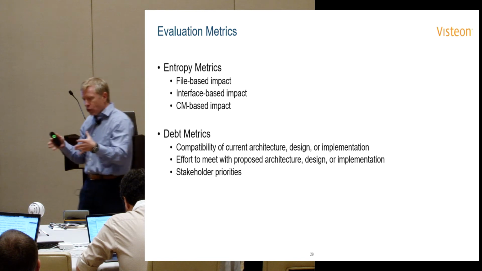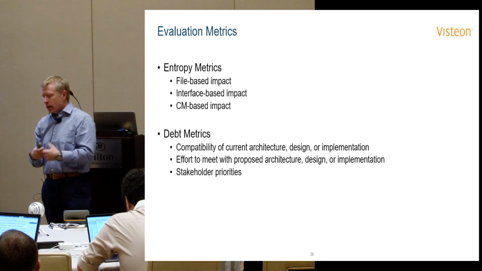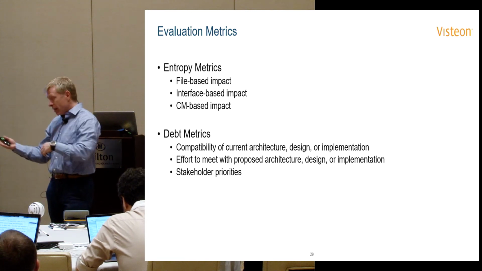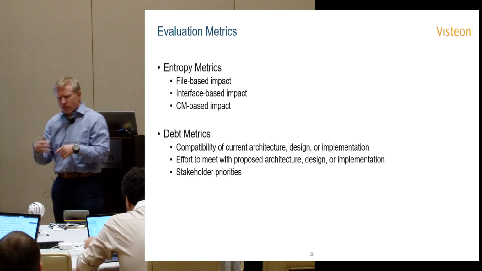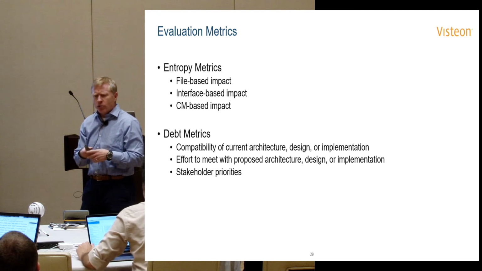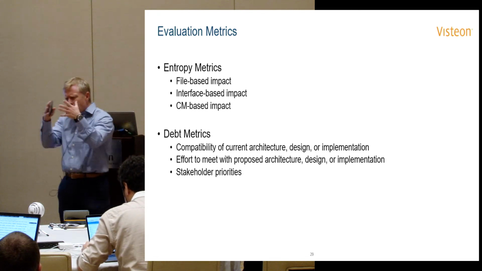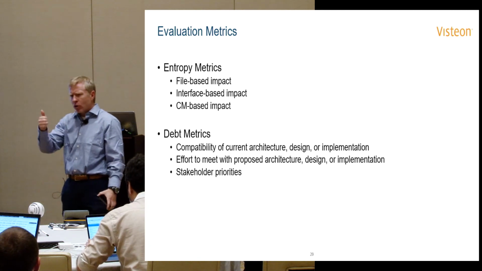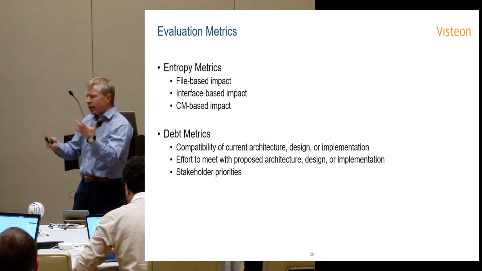What it would take to modify our designs, implementations, to meet those if it wasn't already met. And then prioritizing the stakeholders' requirements. And then somehow combining all of that to come up with, let's say, a metric, a number, one magnitude that we could then compare.